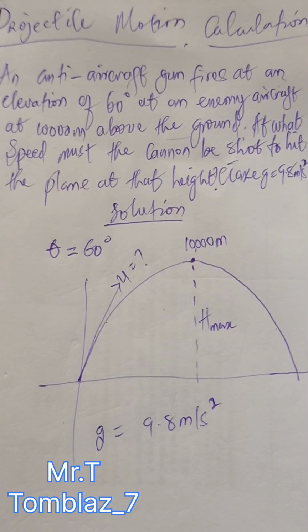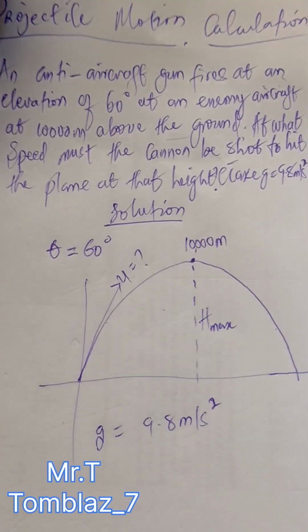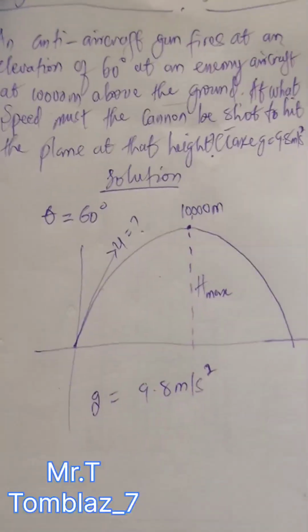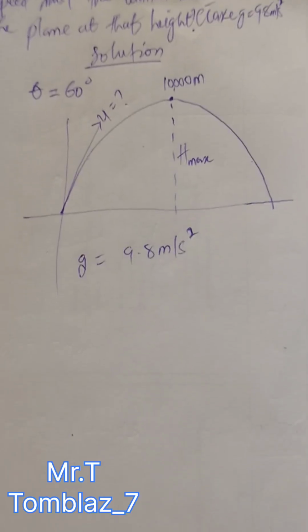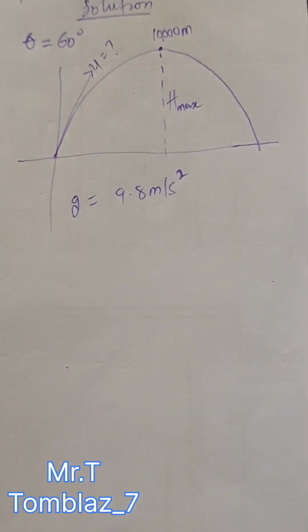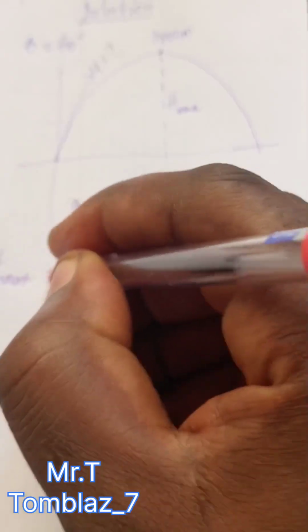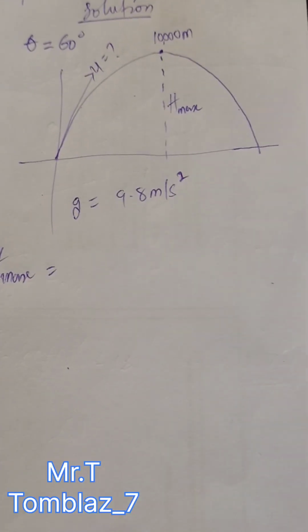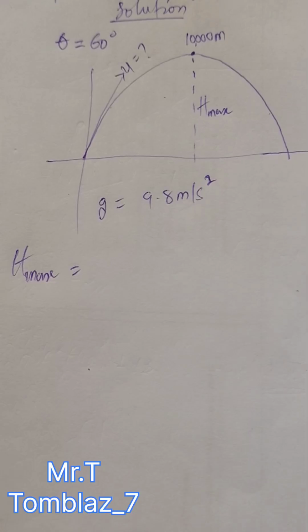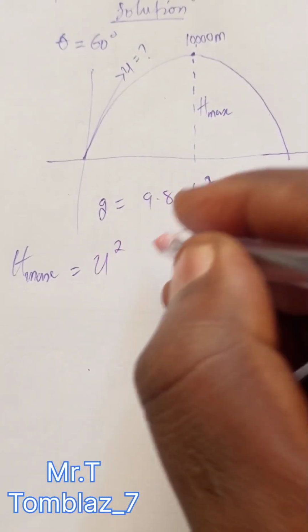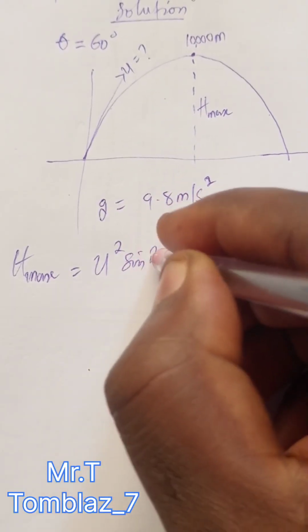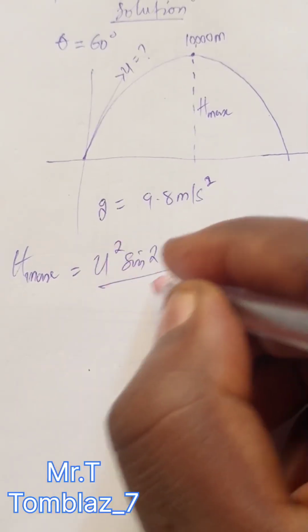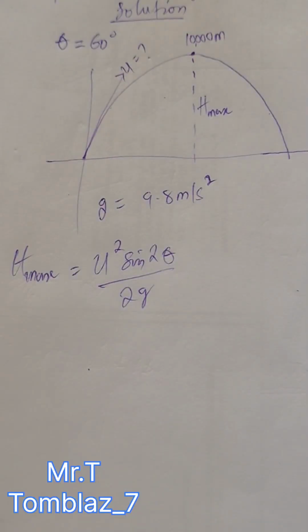Now let's recall the formula to calculate the maximum height of a projectile. H max is given by U squared sine squared theta over 2g.